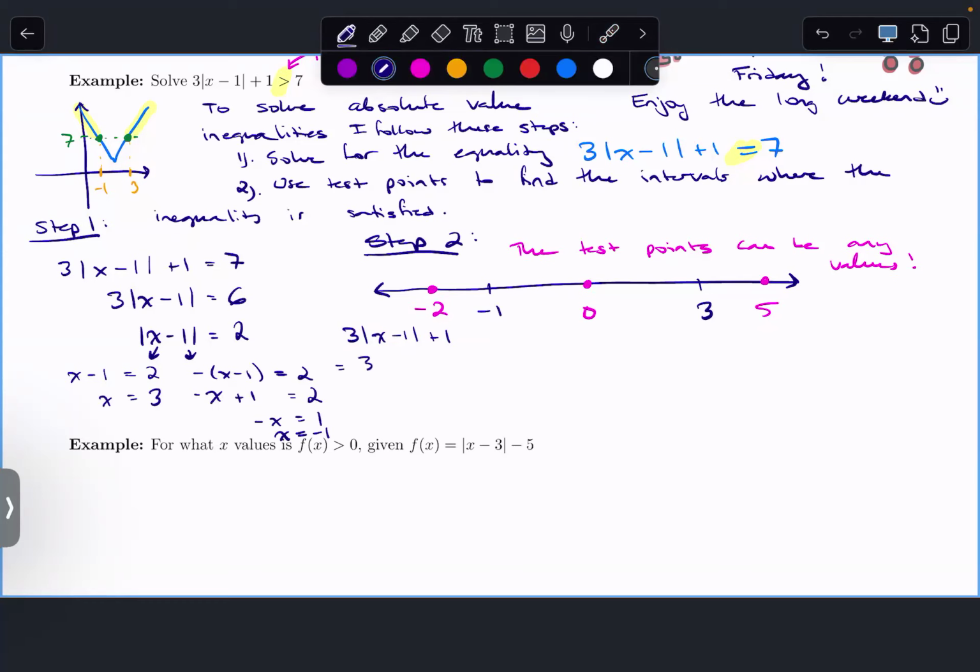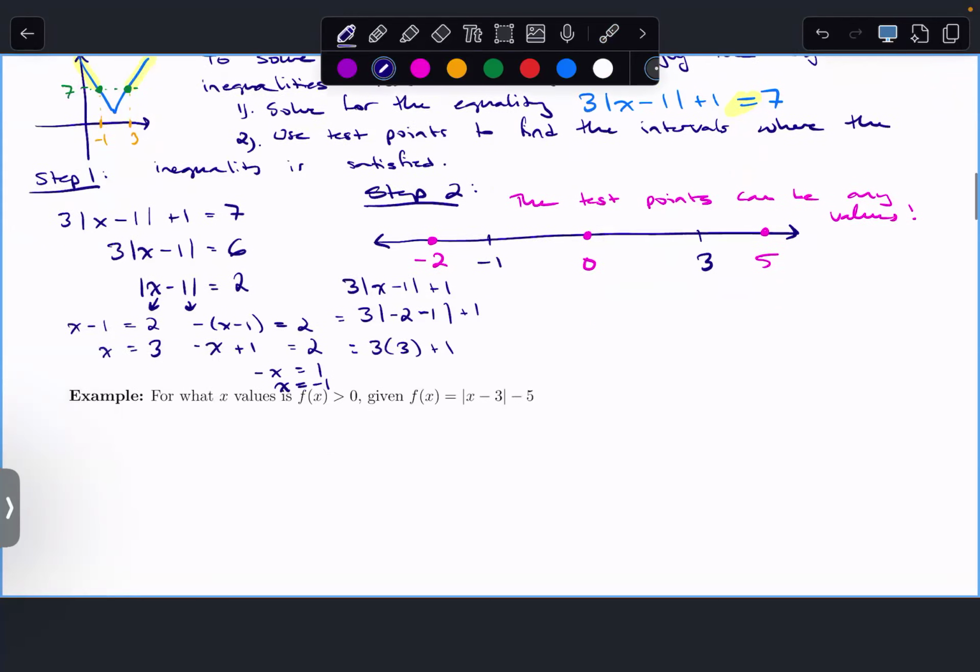But this is going to be 3 times -2 minus 1 absolute value plus 1, which is -2 minus 1, working with the absolute value inside, is -3. But the absolute value of -3 is 3. So this becomes 3 times 3 plus 1, putting me at 10, which is greater than 7.